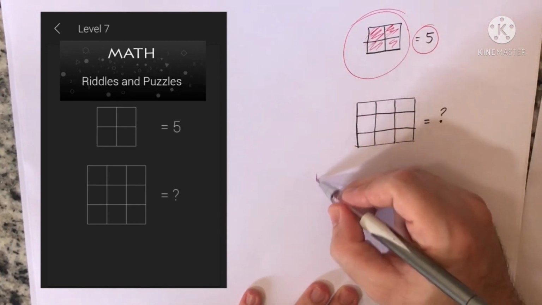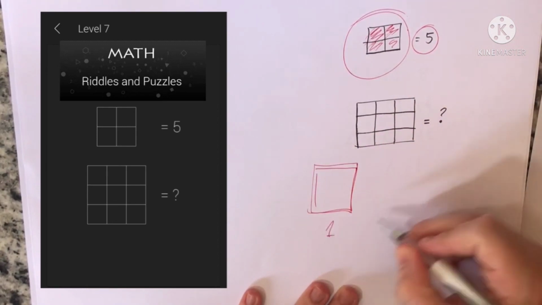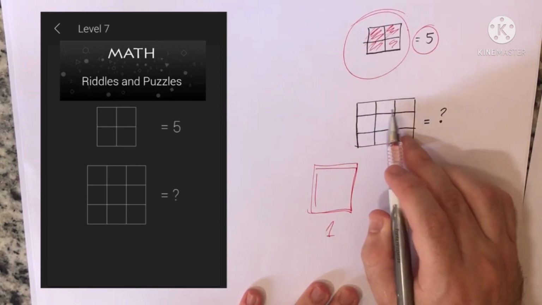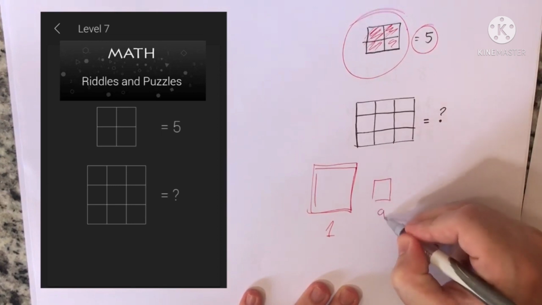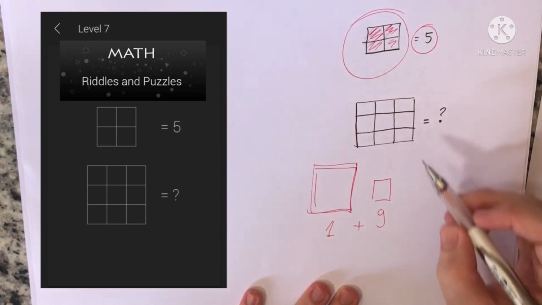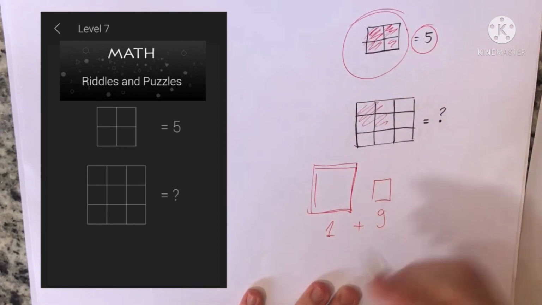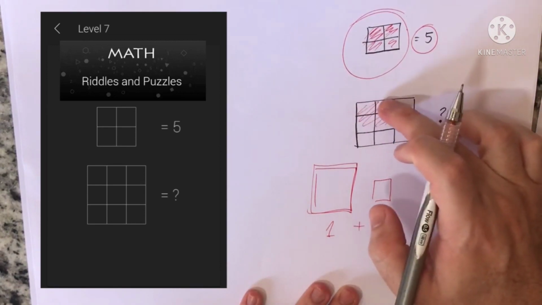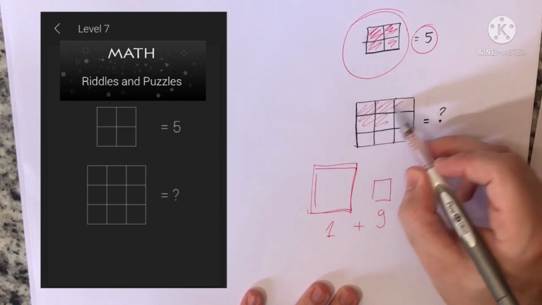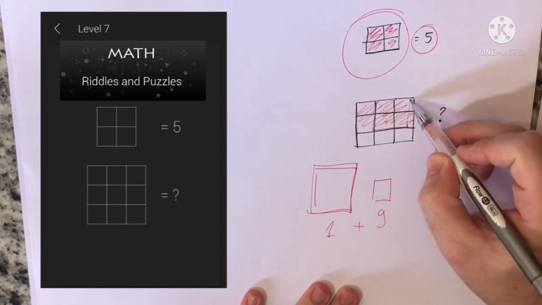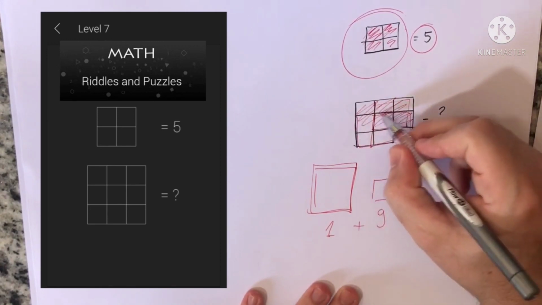The second one, how many squares do we have? First, the bigger square is 1. Next, small squares, how many do we have? 1, 2, 3, 4, 5, 6, 7, 8, 9. So small squares we have 9. Next, when 4 small squares are added together they make 1 square. So that is second one, third one, fourth one.